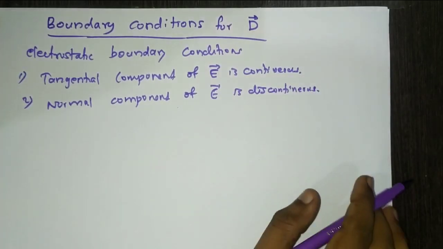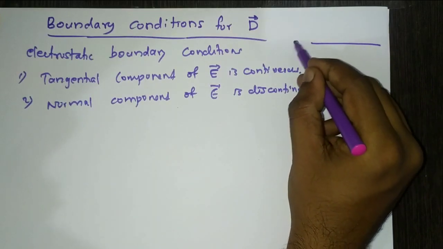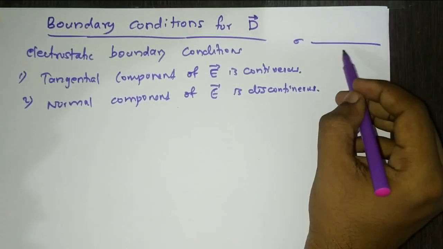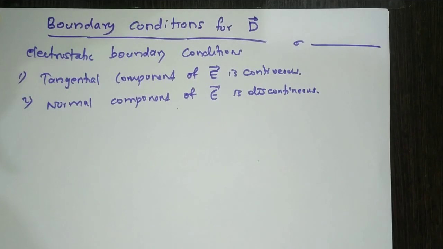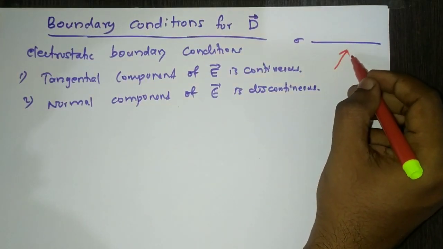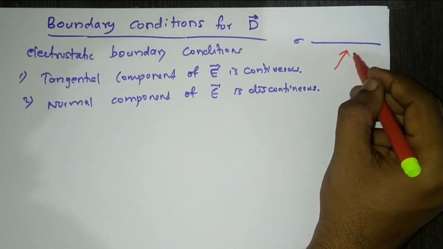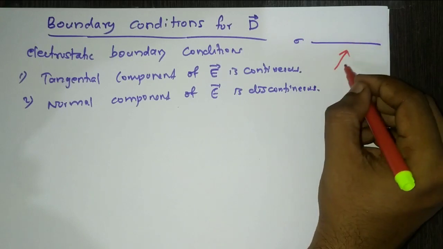That is, if there is a boundary with surface charge density sigma, and our electric field is traveling from this medium, let us say this is the line below the boundary.